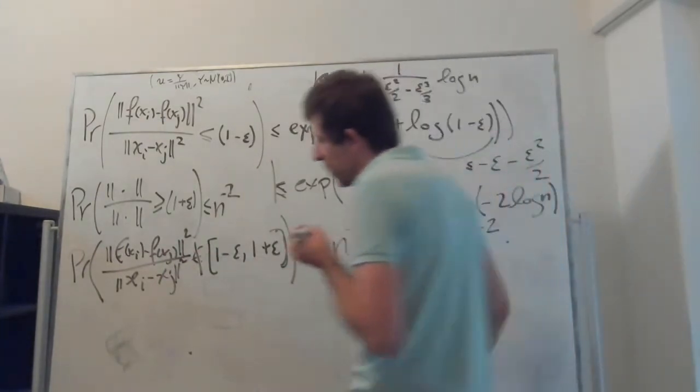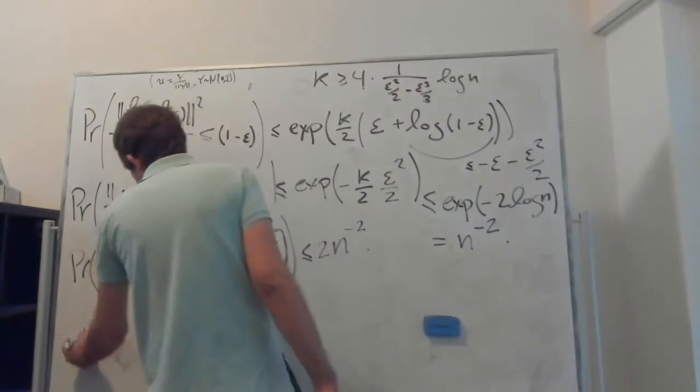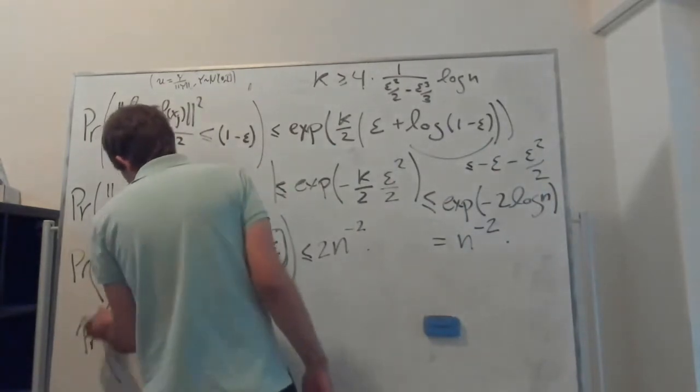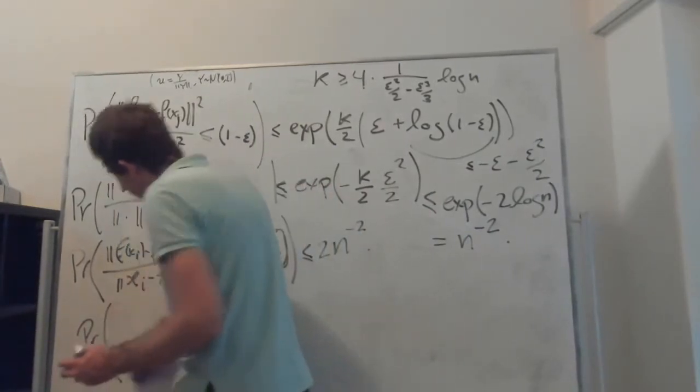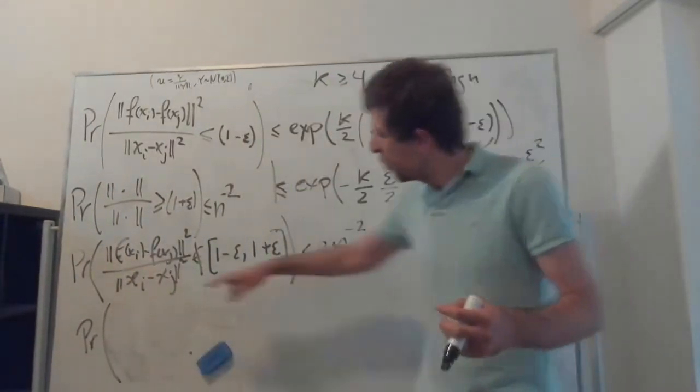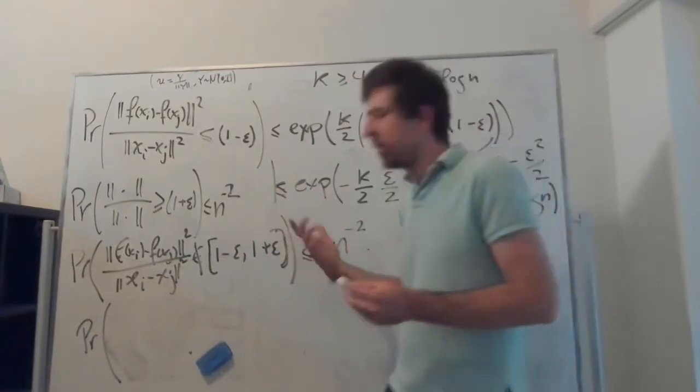But really what we care about is, what is failure, what is success here? Success is if you're inside the interval for every pair of points i and j.